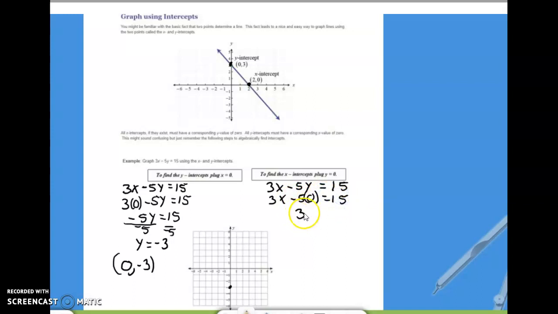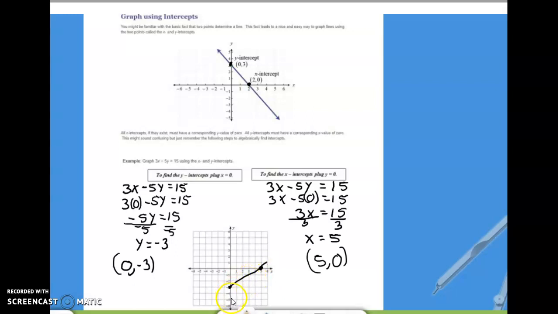So you'll be left with 3x equals 15, so x is going to equal 5. Well, that ordered pair would be (5, 0). Remember, we made y 0. So that would be 1, 2, 3, 4, 5, 0. And there's my line right here.